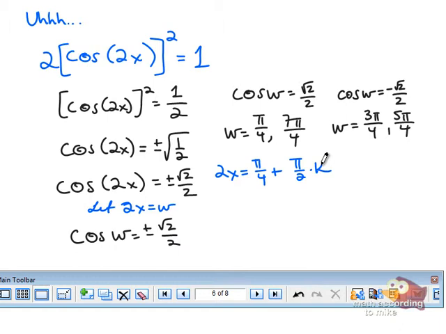We'll do the k as an integer at the very end. But we don't want 2x, we want x. Divide by 2, what do we get?